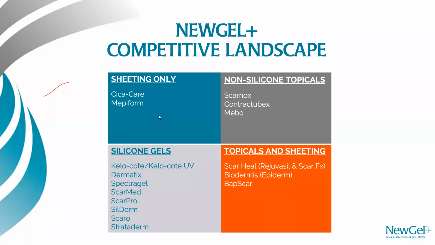Then we'll go over to the top right box, and these would be the non-silicone topicals. These are products like Scarnox, Contractubex, Mebo. These are products that are marketed for scars, but they have no silicone or minimal silicone in them.